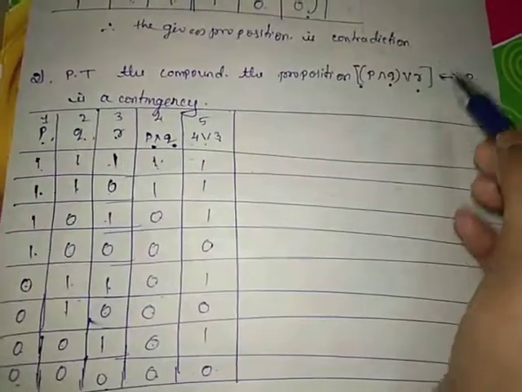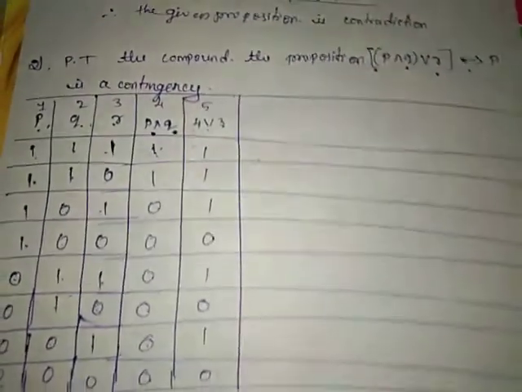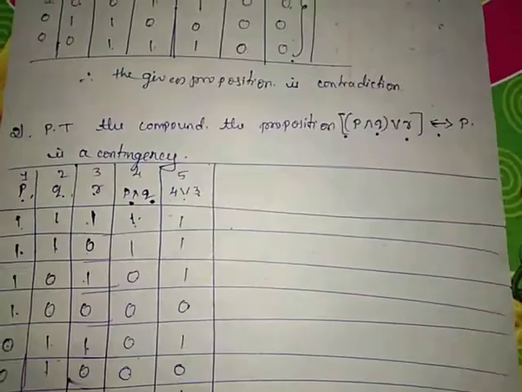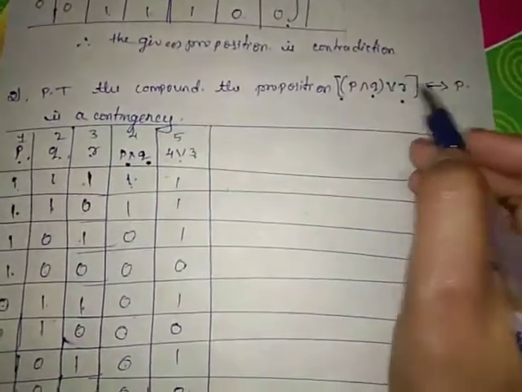Now we move to the biconditional P. So now we are moving to the biconditional. We already know rule 5.